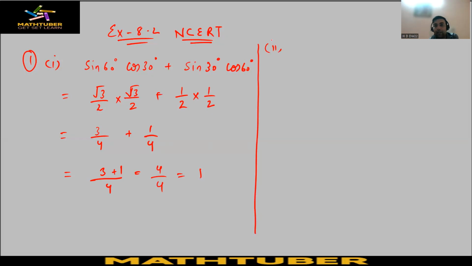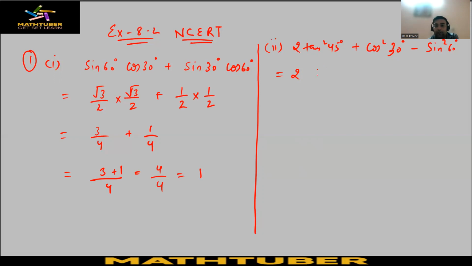Then second question is 2 tan square 45 degree plus cos square 30 degree minus sine square 60 degree. So this square in the middle of this, it means that it is tan 45 degree whole square, which means you have to put the value of tan 45 degree and then square it.